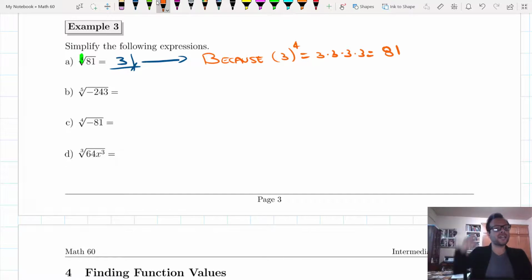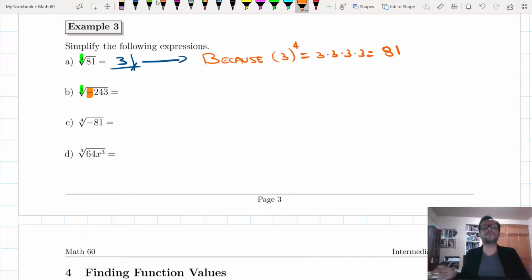Okay, let's look at the fifth root. Let's highlight the index. In this case, the index is 5, so we are looking for the number that raised to the fifth power equals 243. However, notice we have a negative number.